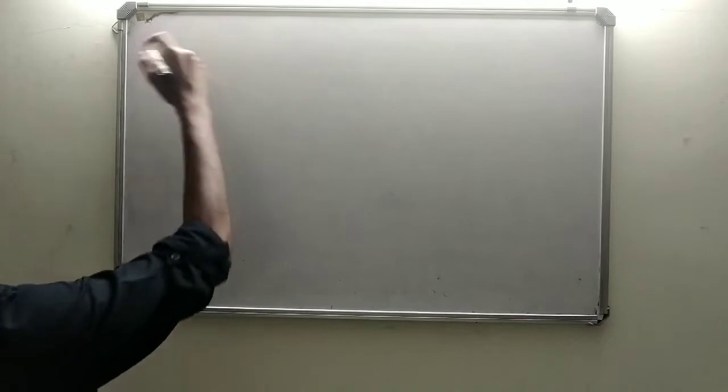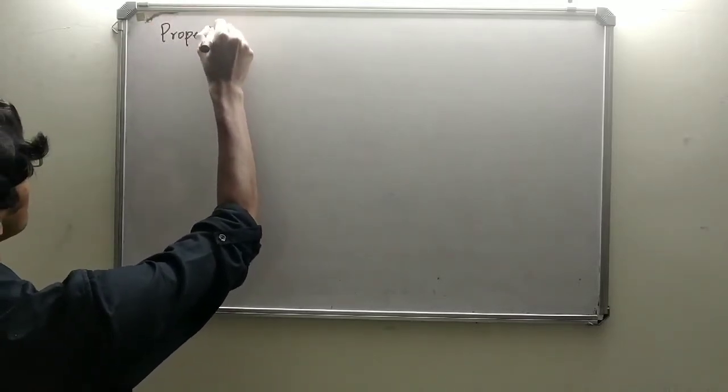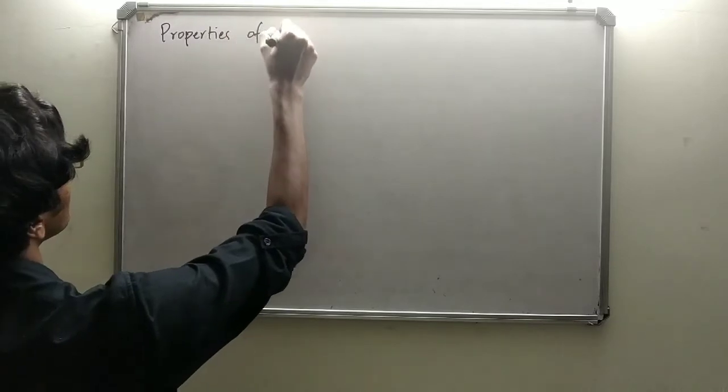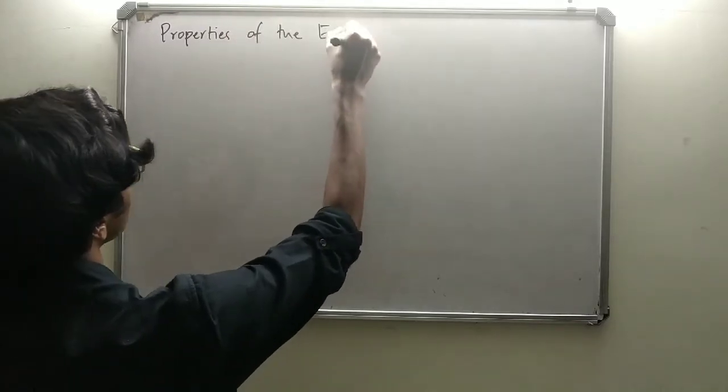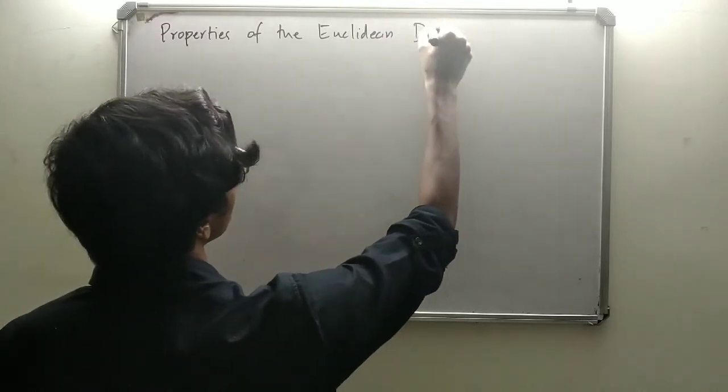So the properties of the Euclidean distance function, or the metric.